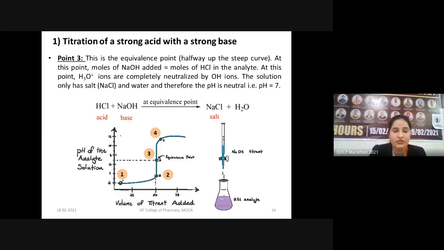So what happens at point number 3? All the H positive ions which have been released by the HCl solution have been neutralized by the base ions which we are adding from outside.